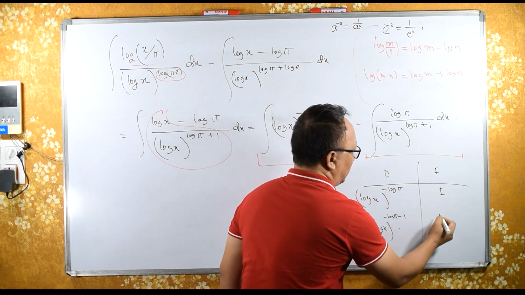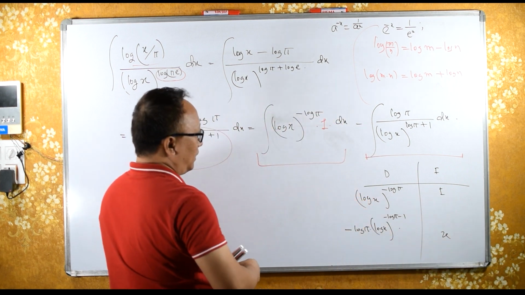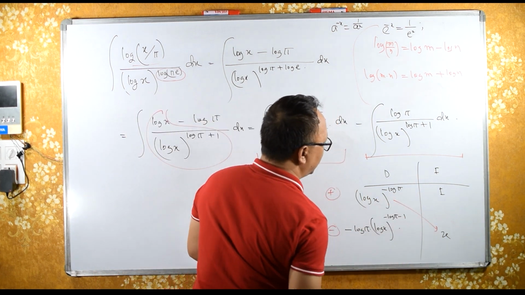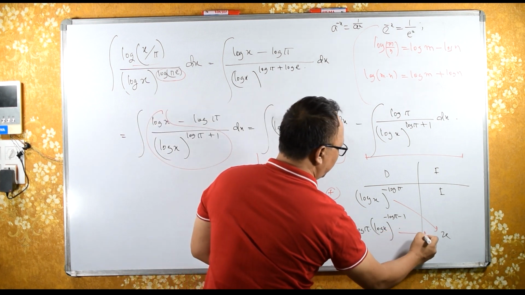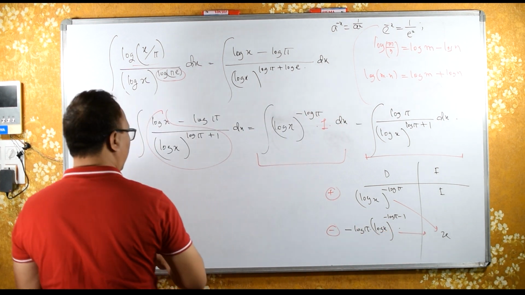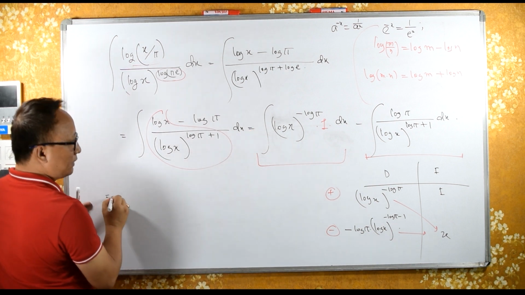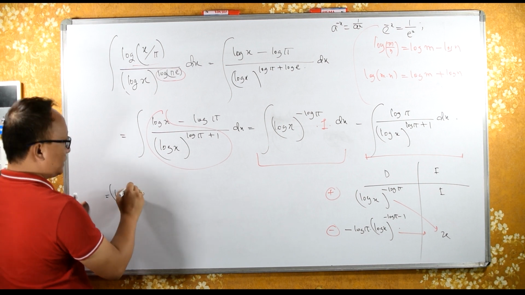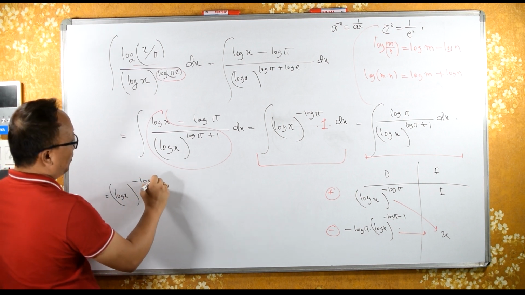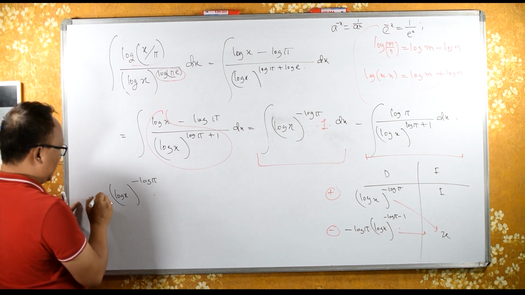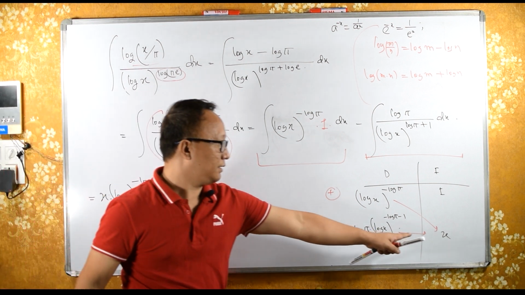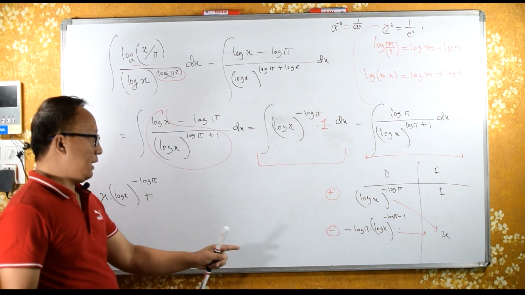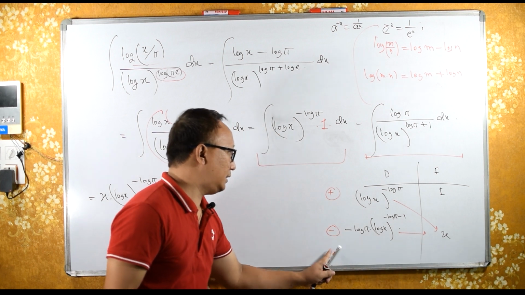Integration of 1 is what? X. Now here we have plus and minus signs, and we need to cross multiply this way, and then integrate this into this. Therefore this integral becomes what? Log x into log of x minus log of pi into x. So I can write x over here, this x, this is plus this into this, so we have this, and then this into this, okay. This into this means what?